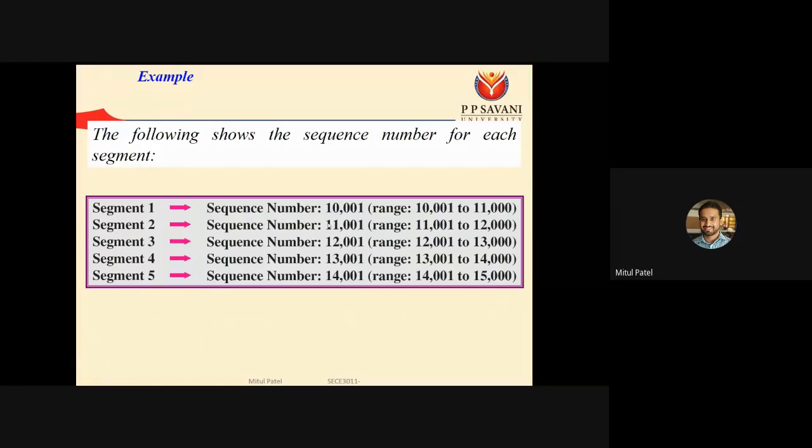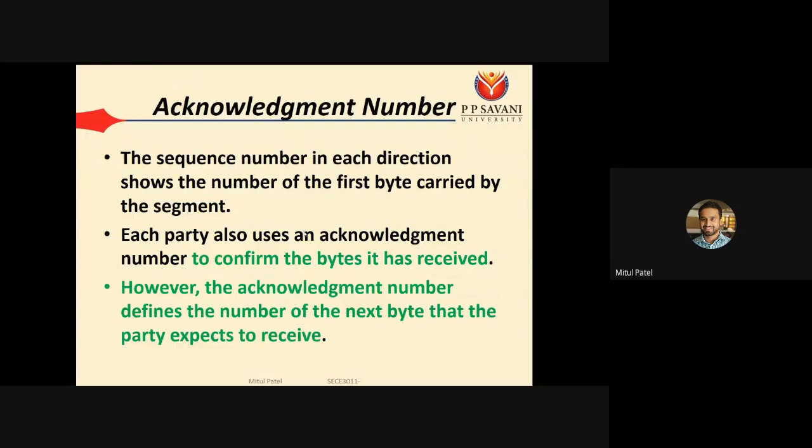We need to identify that this is the acknowledgement of segment number 1. The standard should have some mechanism using which it can identify that this is the acknowledgement of segment number 1, this is the acknowledgement of segment number 2. For that we require the acknowledgement number.